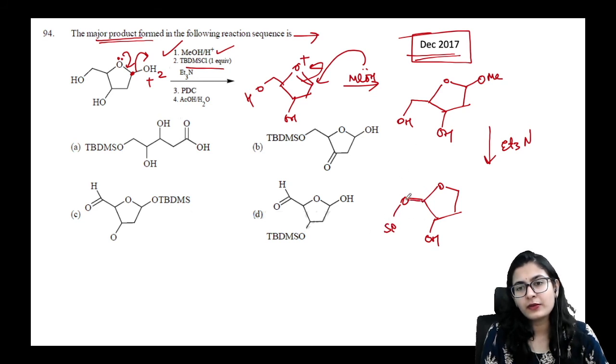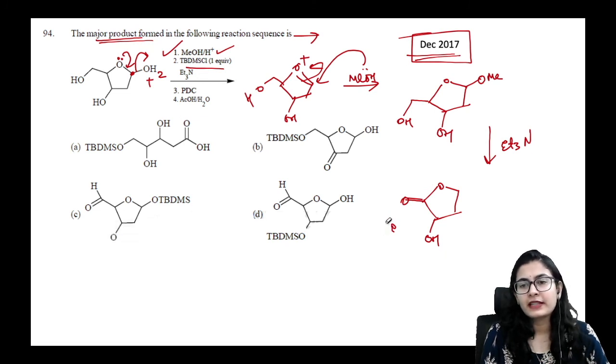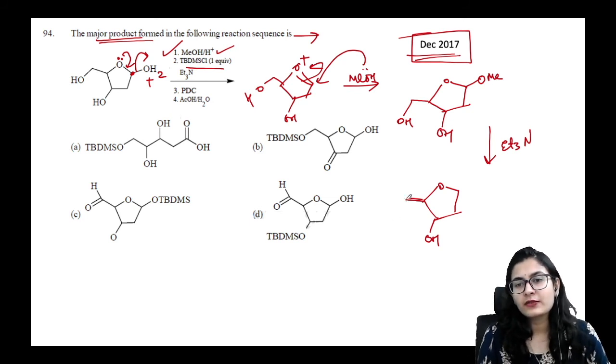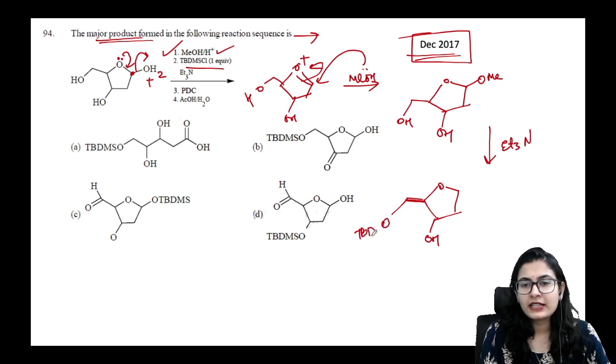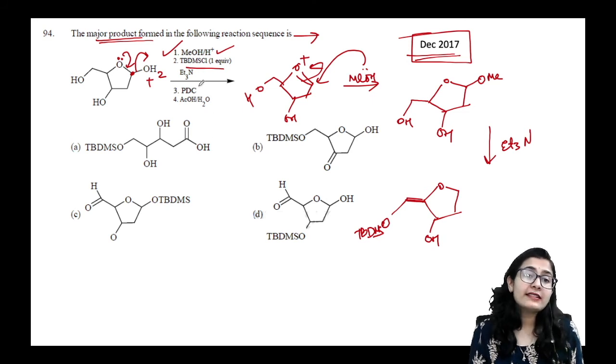This is going to be one carbon over here, CH2, and oxygen and TBDMS. So I'm just directly writing: one single bond, one more single bond, oxygen, TBDMS, connection with silicon. All right, the last step is PDC.